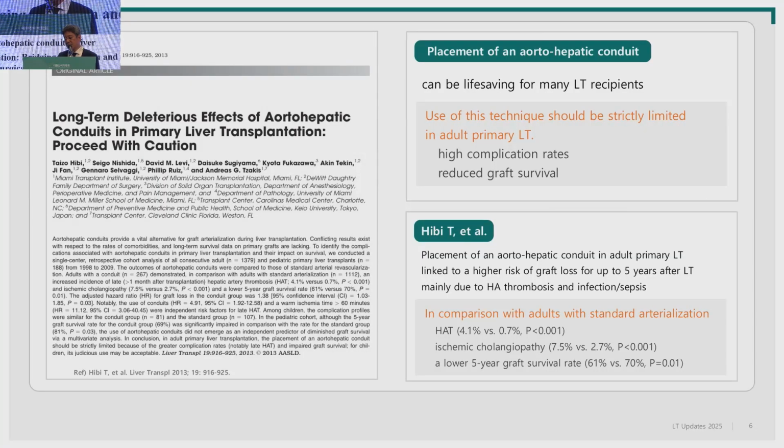In adult primary liver transplantation, Shibi and colleagues reported the placement of an aortohepatic conduit was linked to a higher risk of graft loss for up to 5 years after liver transplantation, mainly due to hepatic artery thrombosis and infectious sepsis. In comparison with adults with standard arterialization, they showed significantly higher risks of hepatic artery thrombosis, ischemic cholangiopathy, and low 5-year graft survival rate in adults with a conduit.